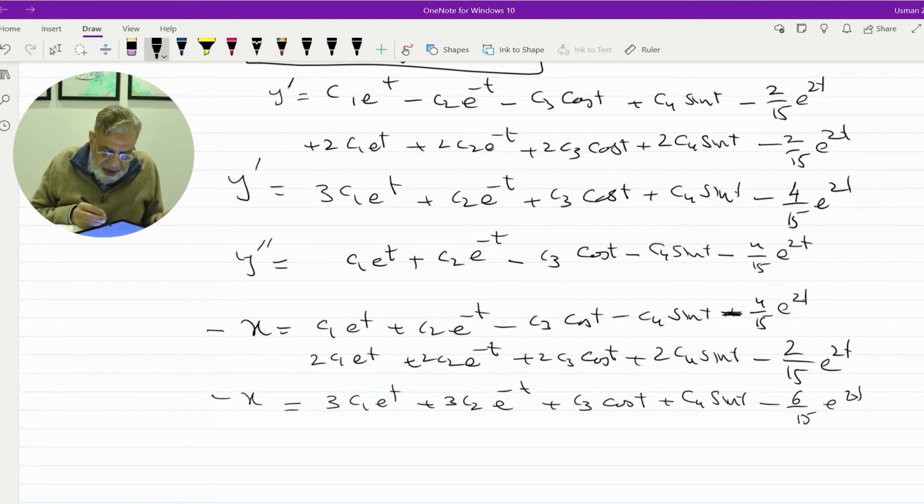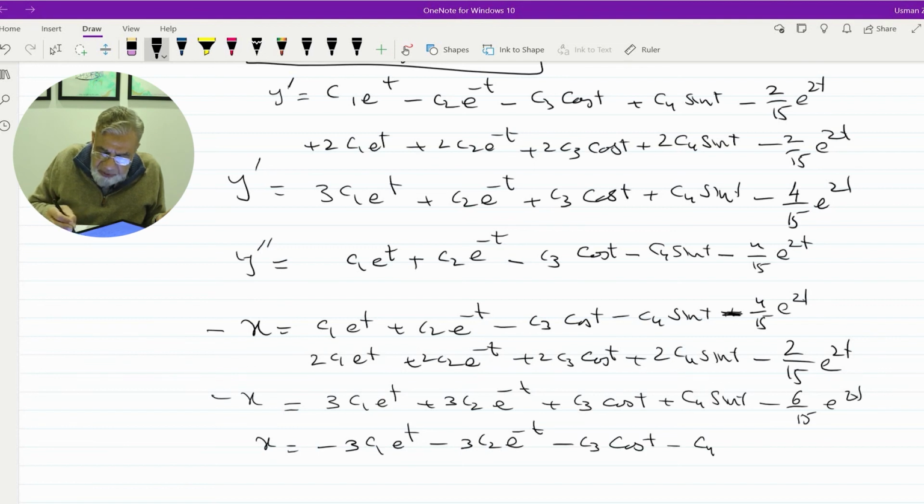I multiply by minus 1, I get here x equal to minus 3 c1 e to the power t minus 3 c2 e to the power minus t minus c3 cosine t minus c4 sine t plus 6 by 15 e to the power 2t. So this is my solution.